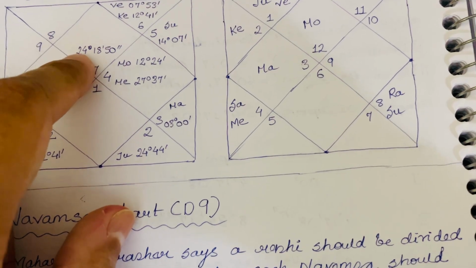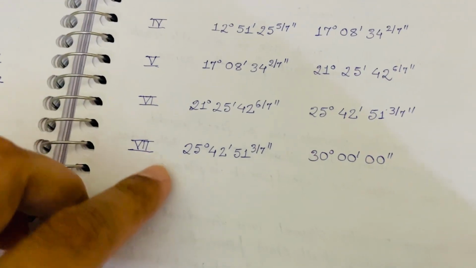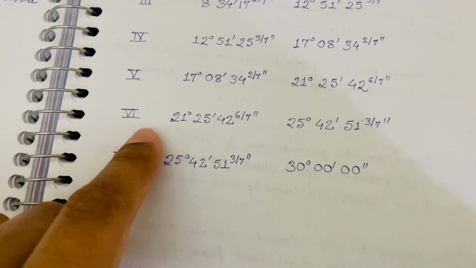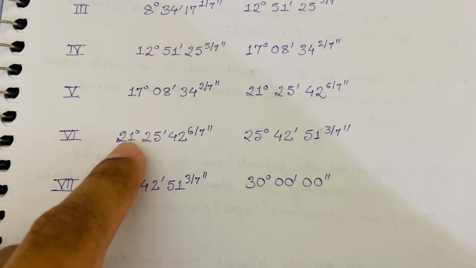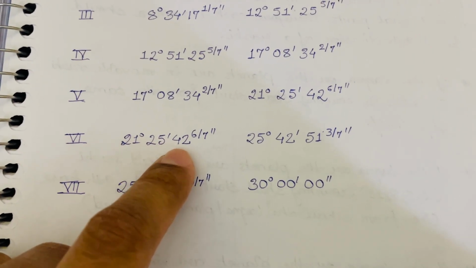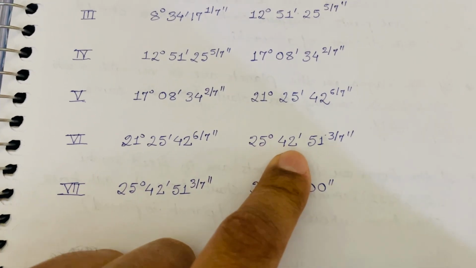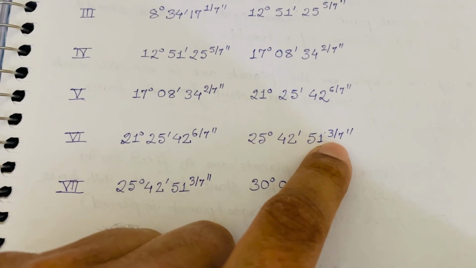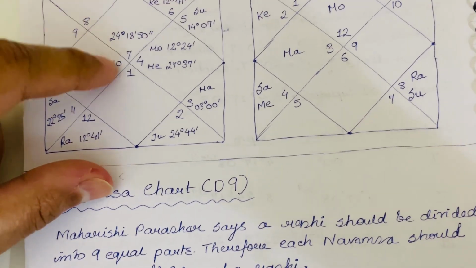The value is 24 degrees 18 minutes and 50 seconds. 24 degrees 18 minutes and 50 seconds falls in the 6th Saptamsha, because the 6th Saptamsha is from 21 degrees 25 minutes 42 6/7 seconds to 25 degrees 42 minutes 51 3/7 seconds. So 6th Saptamsha, so counting will start from here, and 6: 1, 2, 3, 4, 5, 6.